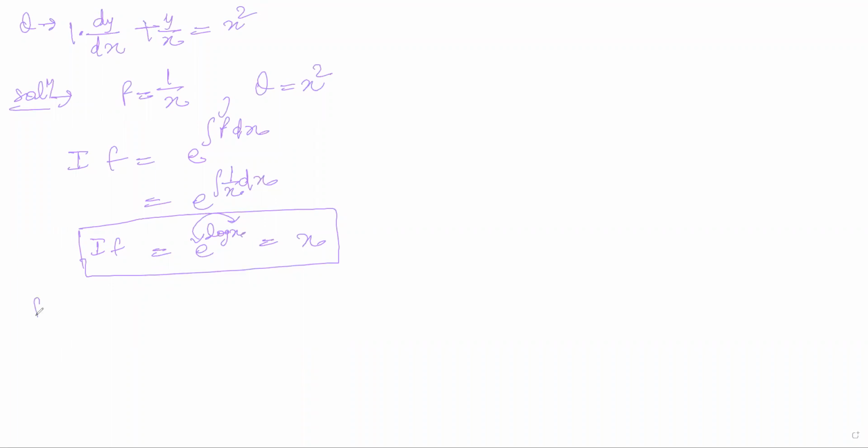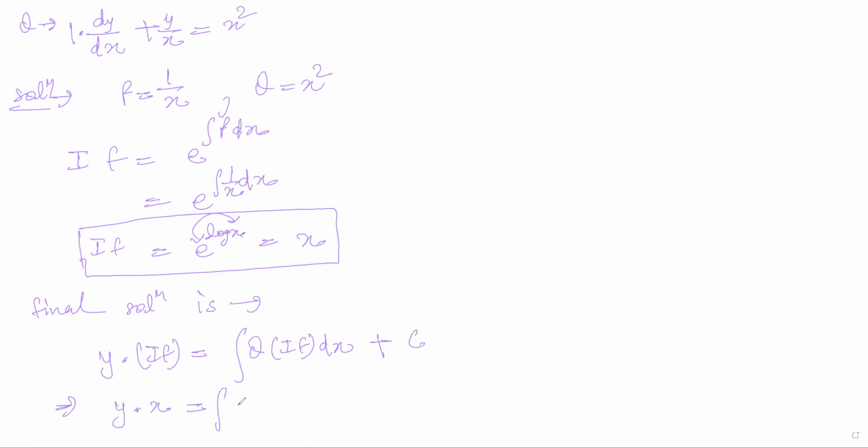Now the final solution is y into integrating factor is equal to q into integrating factor into dx plus c. So y into x is equal to q, which is x squared, into integrating factor x, dx plus c.